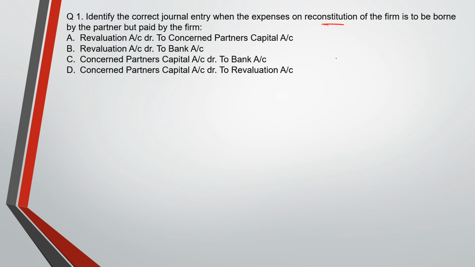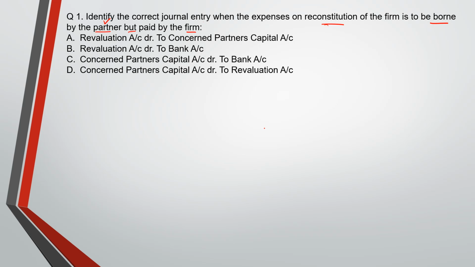That depends upon the internal agreement on who will bear the expense. As per this context, it is to be borne by the partner. So the responsibility of the expense is not of the firm but of the partner. He was supposed to bear it, but it was paid by the firm.